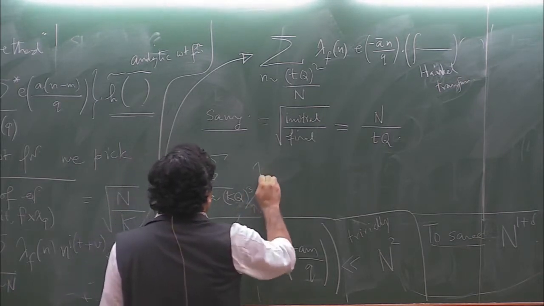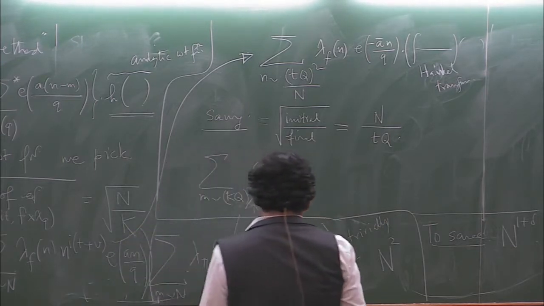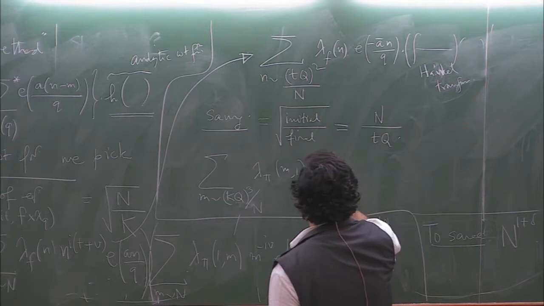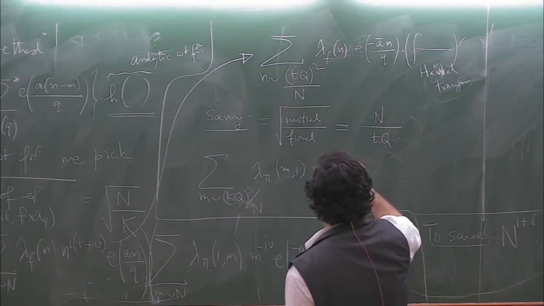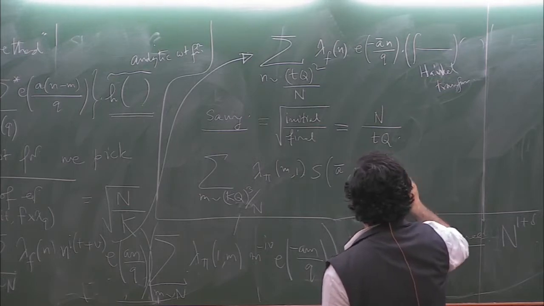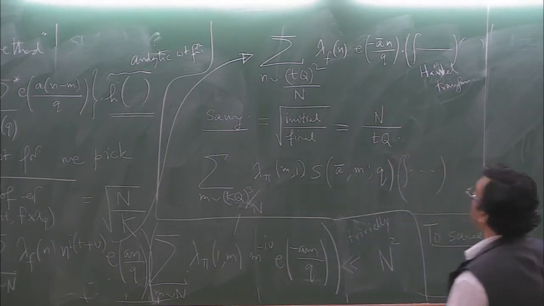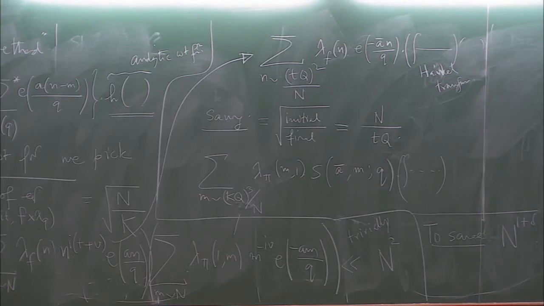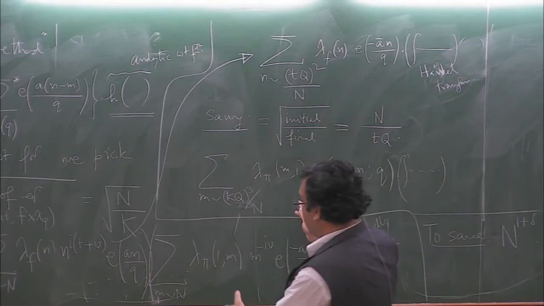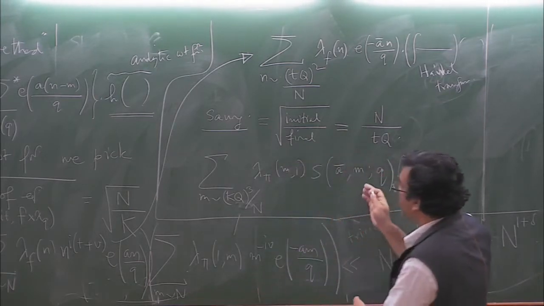You get lambda pi m1. And this additive character will now change into a Kloosterman sum. And then some integral will come. Okay, so that's the structure: applying the GL3 Voronoi summation formula gives you a Kloosterman sum.